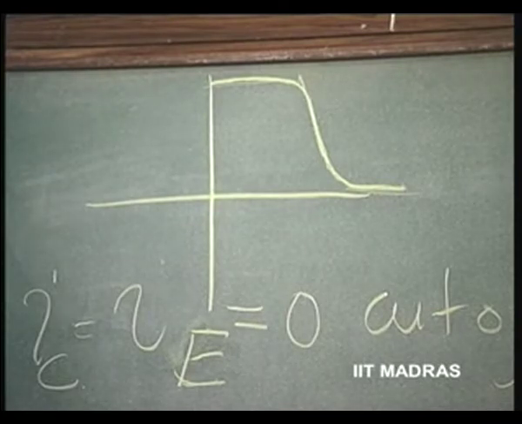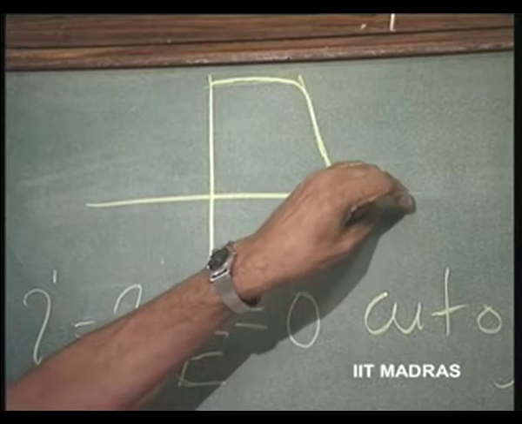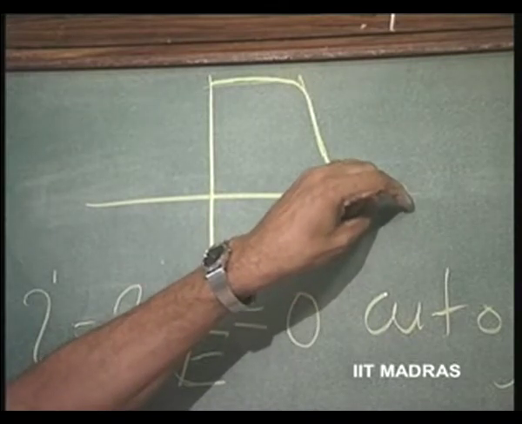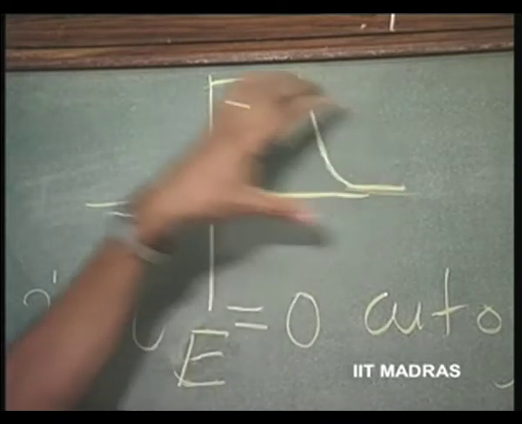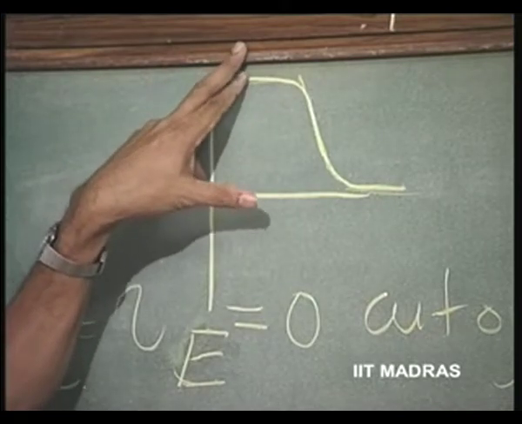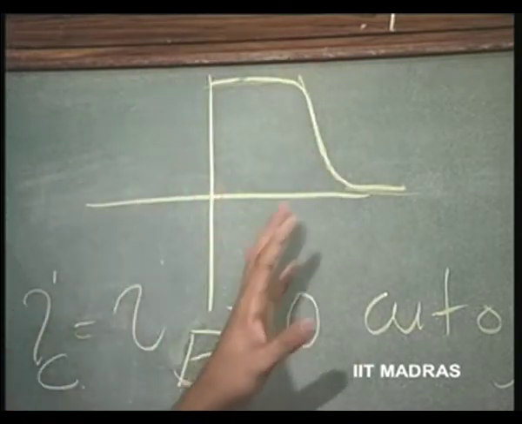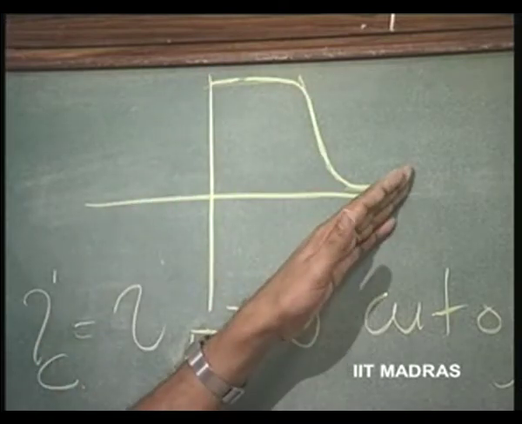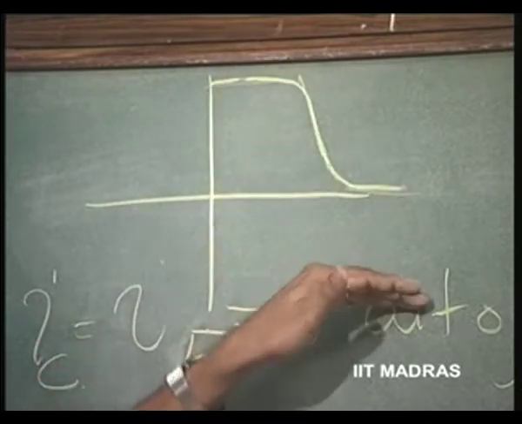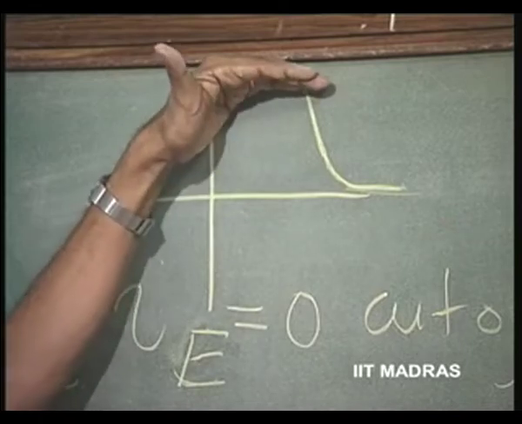At this point, the transistor is going to saturation. At this point, the transistor has gone to cutoff. But as far as the amplifier itself is concerned, this whole thing is called saturation nonlinearity. Limiting nonlinearity it is called.